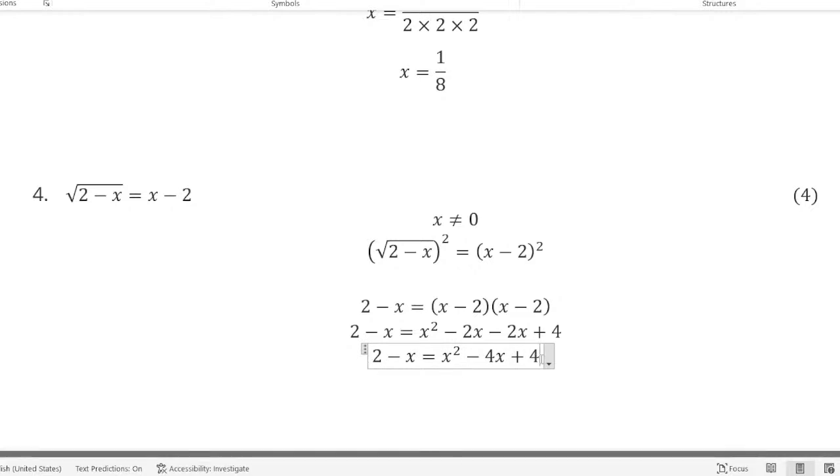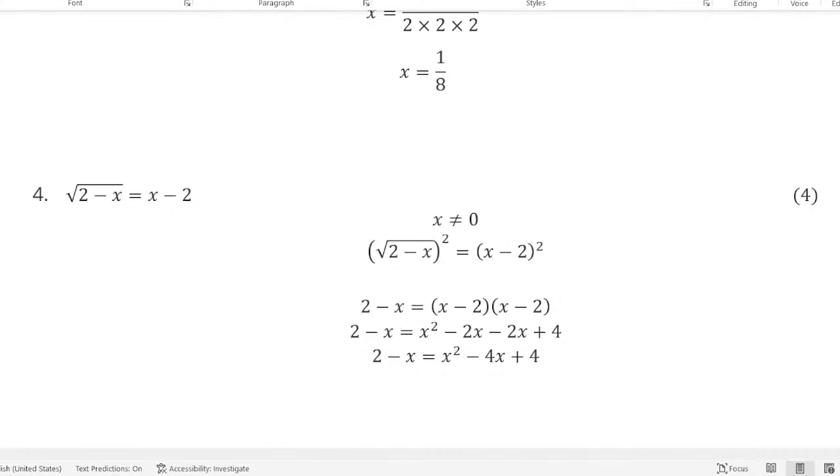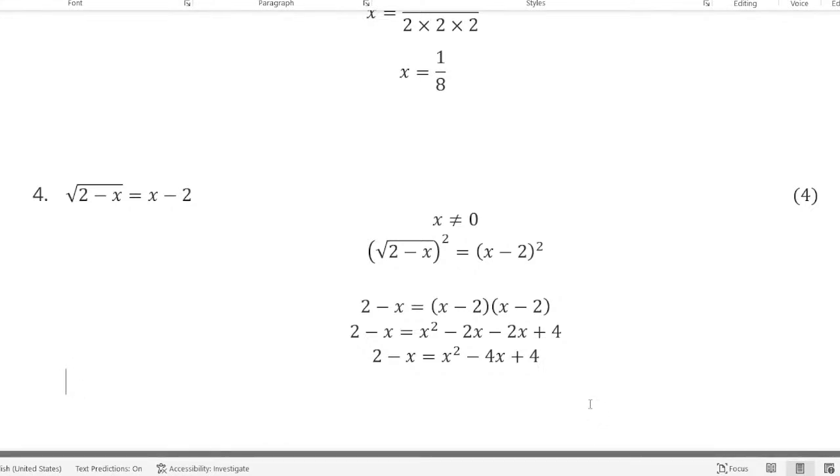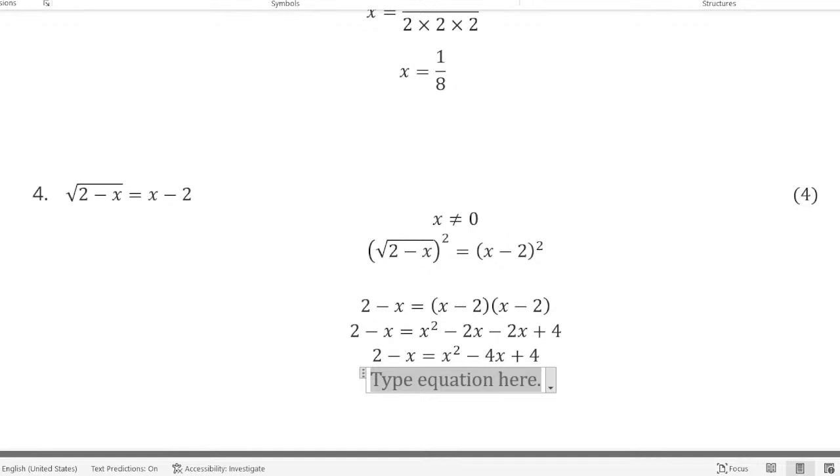So now we're going to take everything that is on the left hand side to the right hand side. Then we'll have 0. We're transposing everything on the left to the right hand side.